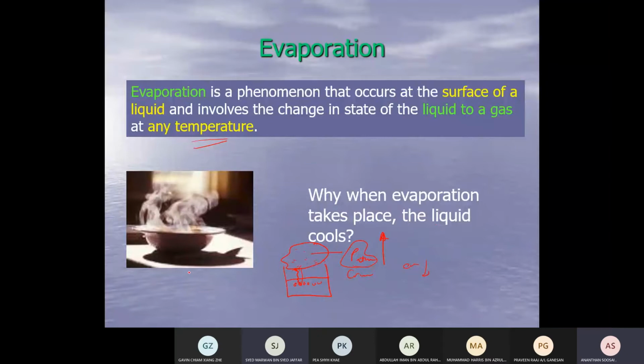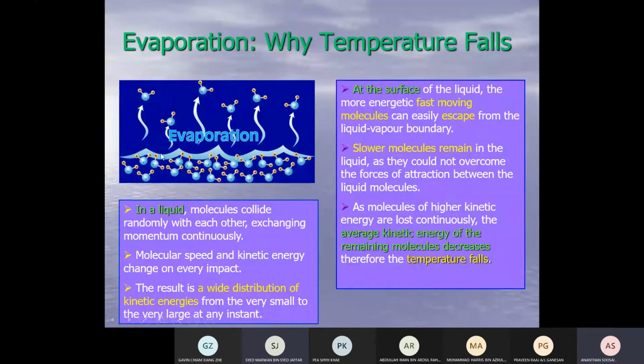Boiling needs external energy. You need to supply external energy for boiling to happen. But for evaporation, you need energy to occur, but the energy is not externally supplied. The energy is taken within the particles. That means internal energy has been used, not external energy, for evaporation.